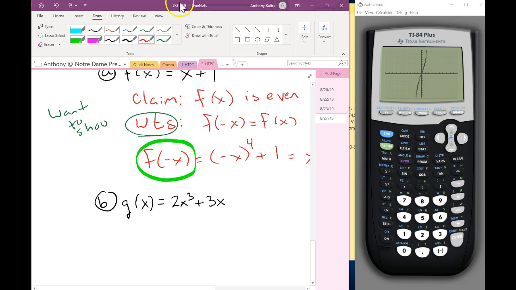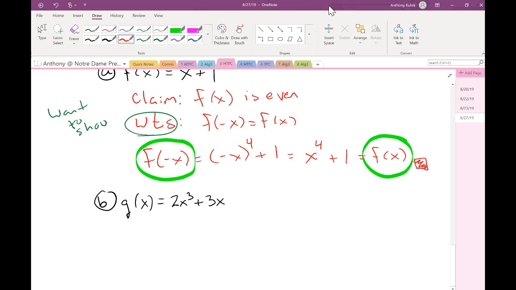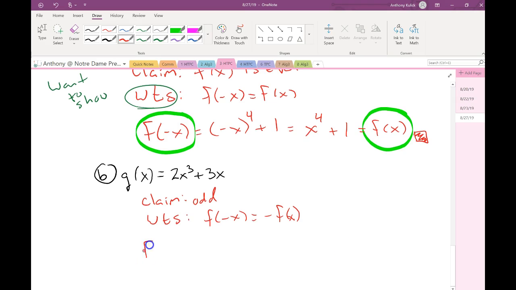Let's try to prove that then. So to show something is odd, I need to show f of negative x equals negative f of x. So I'll start the same way.